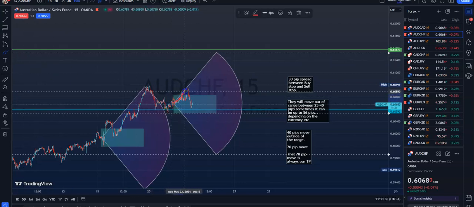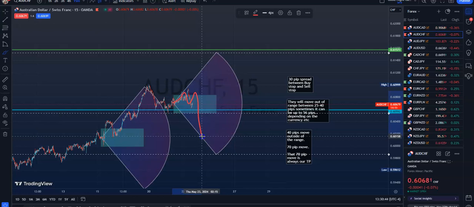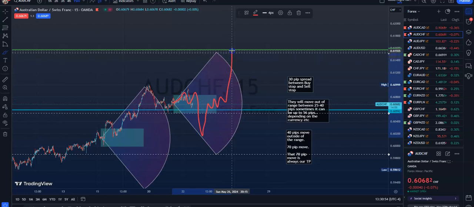So like, it'll go like this, go out 40 pips. I think that's around 40. Let me see. Like something like this, right? Go out 40 pips. Do like this, right? And then go to 70 pips.